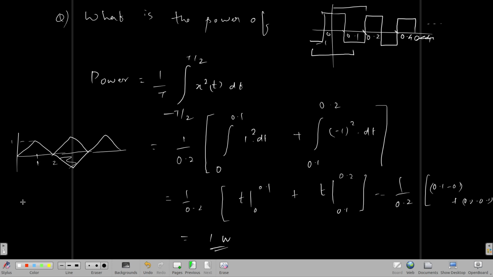Then you will have to take, for a period, 0 to 1 integrate t dt, and from 1 to 2 you have to integrate minus t dt, like that. So you have to take the particular function which is currently being evaluated. Okay, let's see another question.